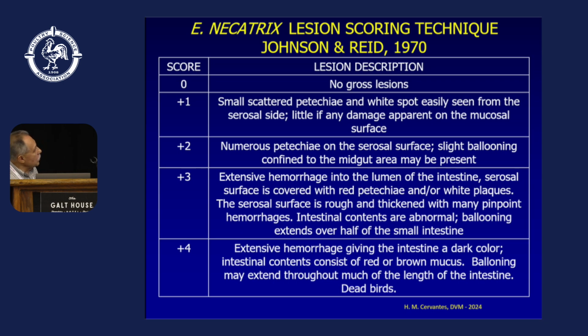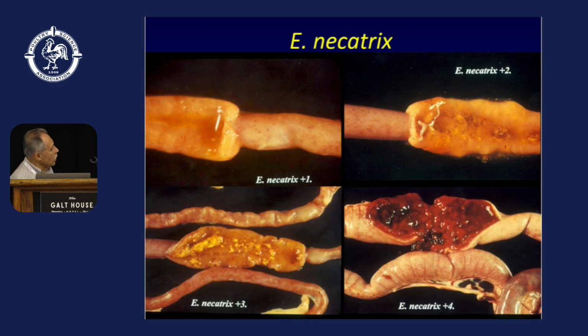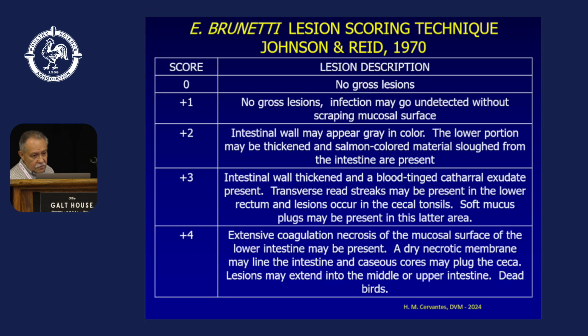Moving on to Eimeria necatrix, same score, 0, no lesions, +4, the most severe lesions, or a dead chicken. As you can see, +1, +2, +3, +4. Brunetti, likewise, same scale, 0, no lesions, +4, the most severe lesions, or a dead chicken.